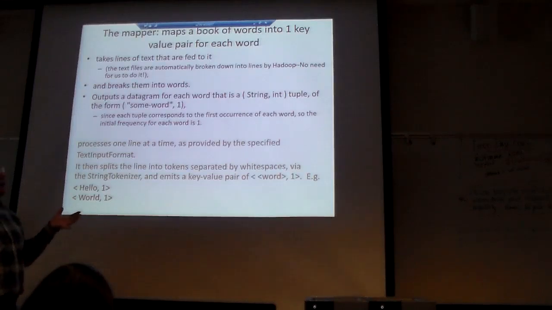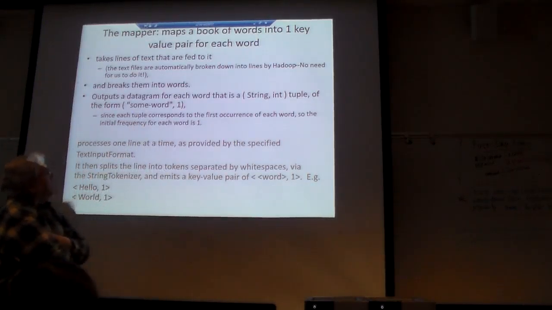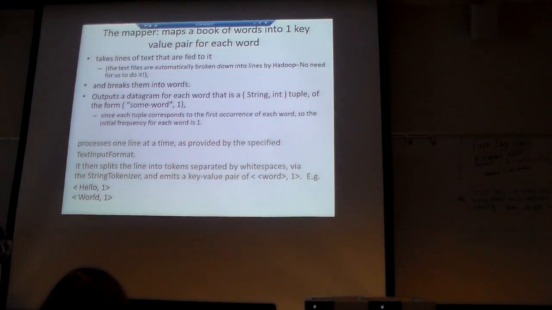When you read the file, Hadoop automatically sees the carriage returns and it treats each line as a new line. You don't have to overtly split it. So all we have to overtly split is the words within the line. And it outputs this thing they call a datagram, which is a string and int, which is that pointer we saw, some word, one. Interesting, one.